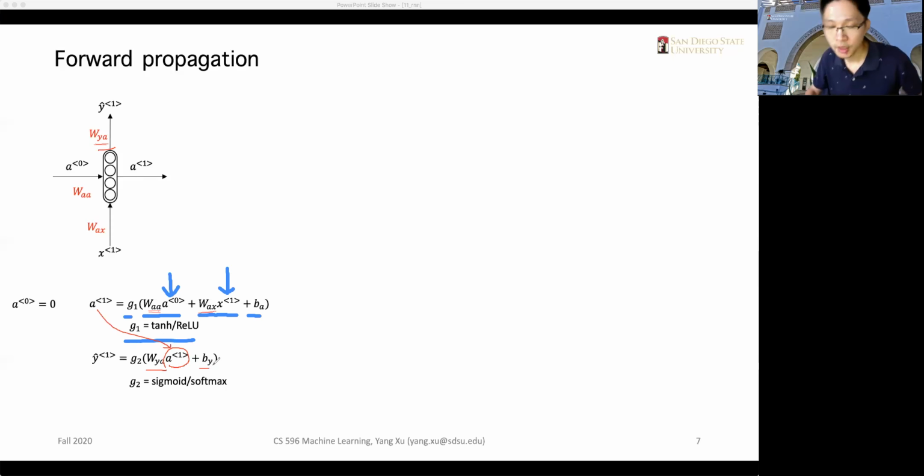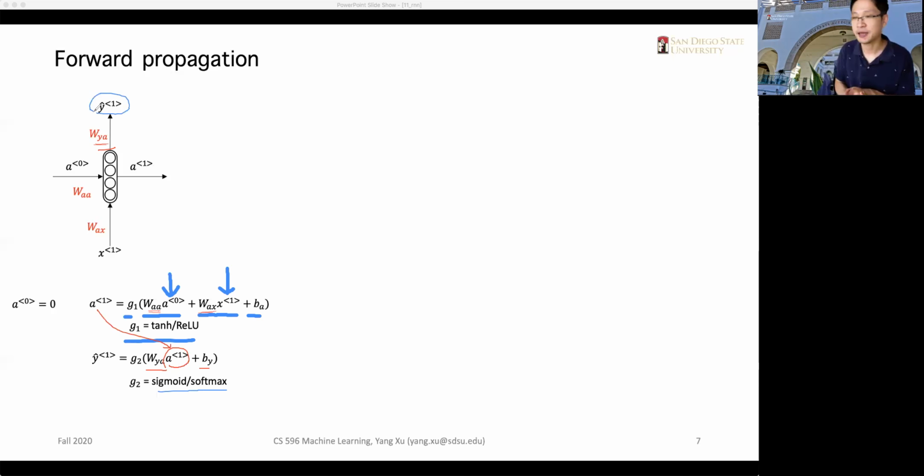The specialty about the second activation function is that we use a sigmoid or softmax output because we are using a named entity recognition task as an example. We want to make a prediction for each time step, predicting whether this is a person's name or not.